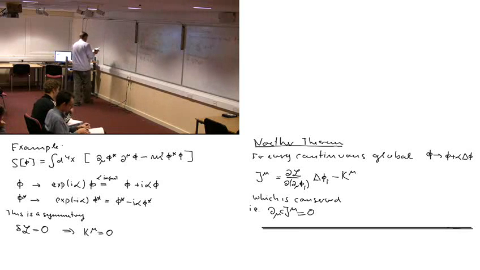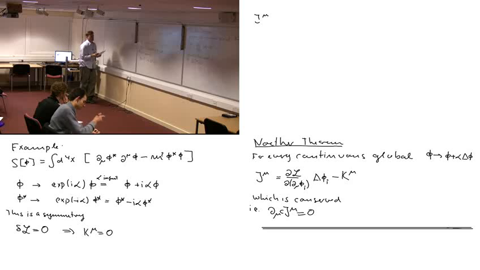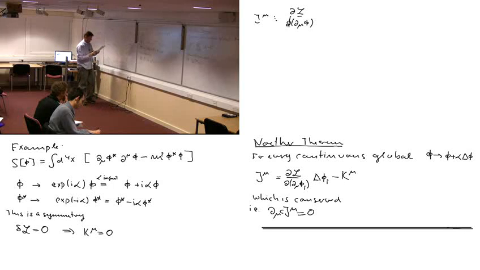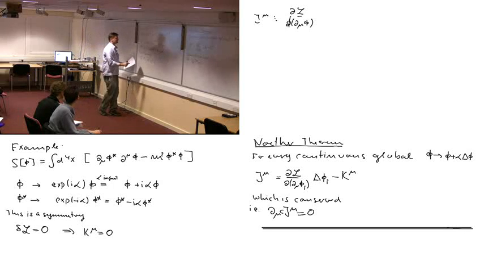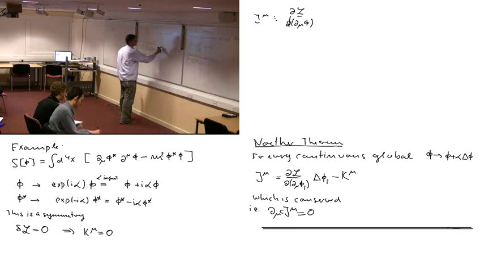So our conserved current is now J mu equals dL by d mu phi, and now we have to multiply by delta phi divided by alpha, so to speak. We drop out the alpha.